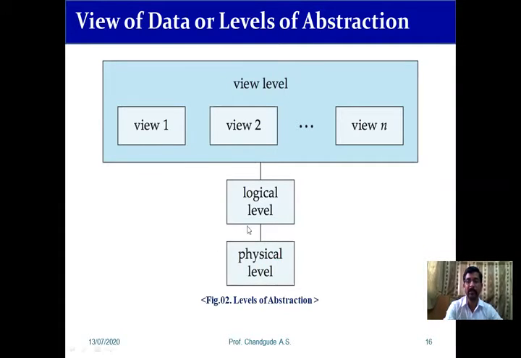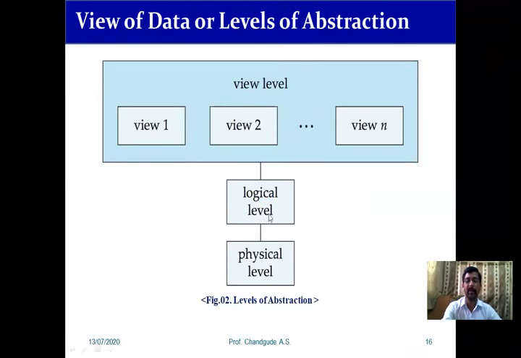That's why end users are not interested in the physical level of abstraction. The logical level is the next level, where it is decided what kind of data is stored and what relationships exist among that data.